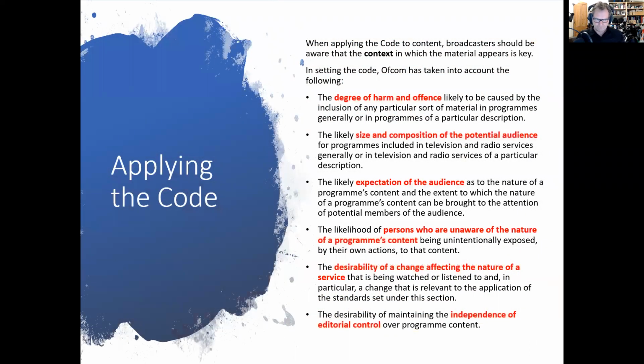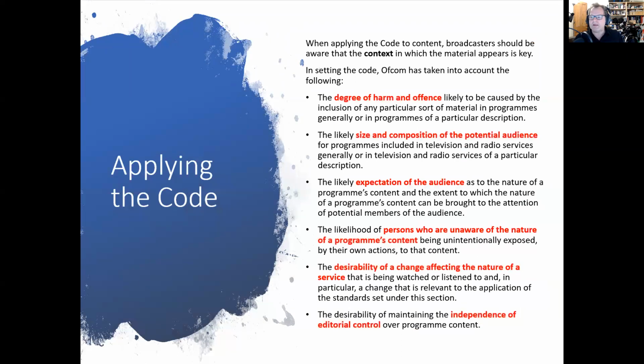So when it comes to applying the code, Ofcom have to take into account a number of factors. If there is a complaint made against a program or a station for a particular issue, then they'll look at how much harm and offence might have been caused. They'll look at who the audience potentially is for that program.